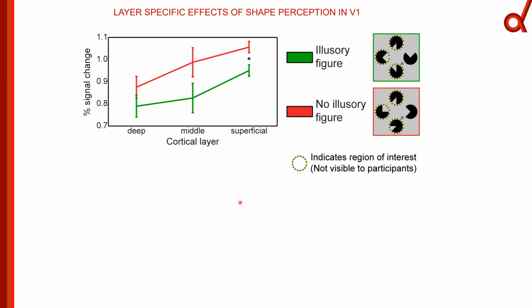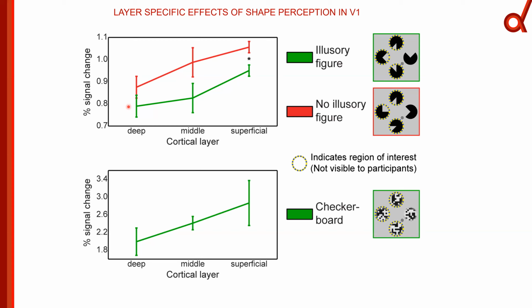Just for completeness, there's also the reverse situation when we're looking at the Pac-Man objects, but indeed there's a small difference here, but it's not as dramatic as the signal difference you're seeing in the deep layer for the illusion. Again, when you've got the checkerboard, you get the standard increase in signal towards the surface.